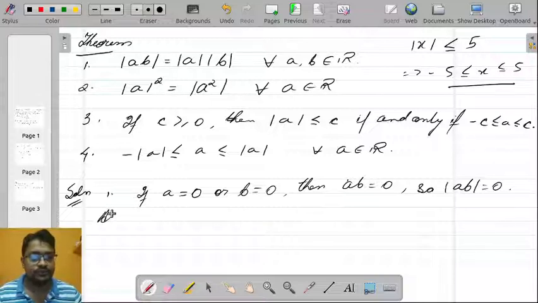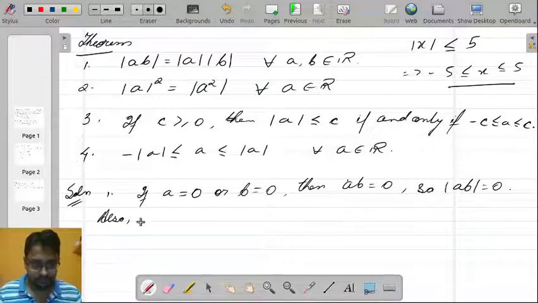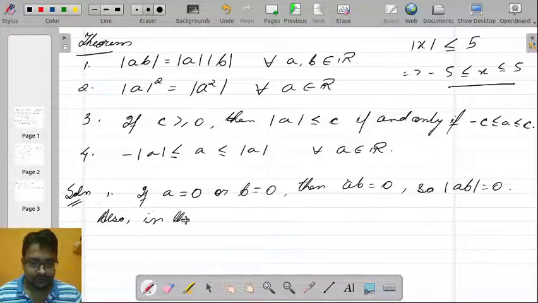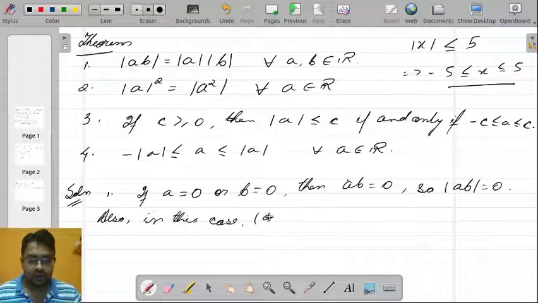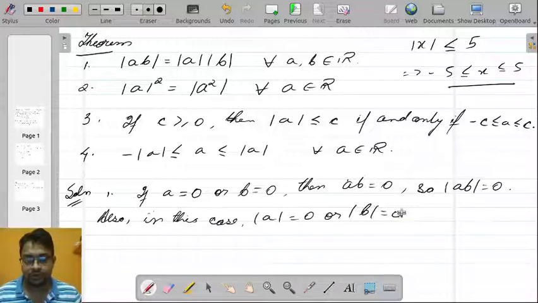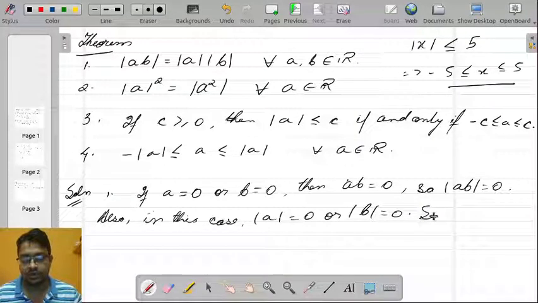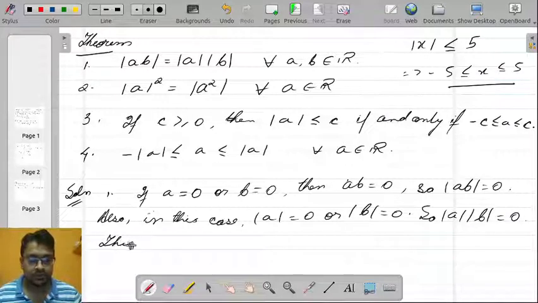Also in this case, mod of a is equal to 0 or mod of b equal to 0. So any one of them is 0, so mod a mod b is also equal to 0. Thus mod of ab is the same as mod a mod b if one of them is 0.